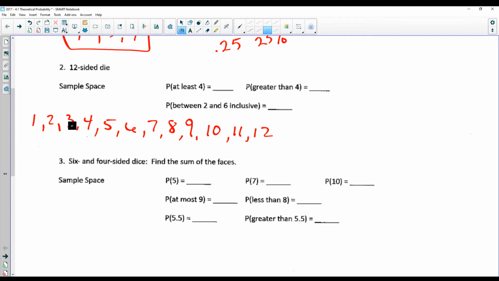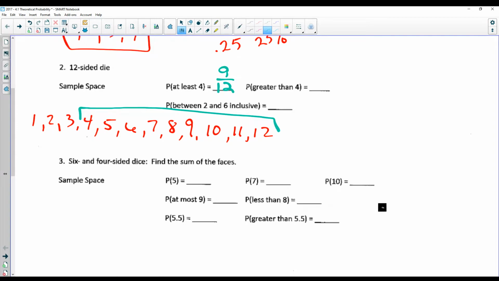So at least a 4, that means 4 is a winner or anything bigger than 4. So you would look at that here, 1, 2, 3, 4, 5, 6, 7, 8, 9. That means we have a 9 out of 12 chance, okay? We could reduce that, we could write it as a fraction or as a decimal, as a percent, but this is showing us exactly how many out of the total. So I'm okay with that.